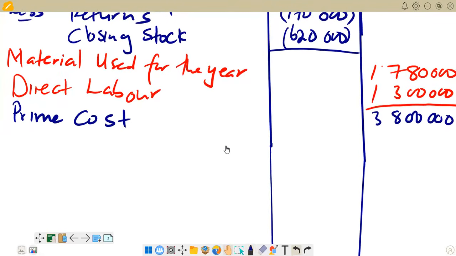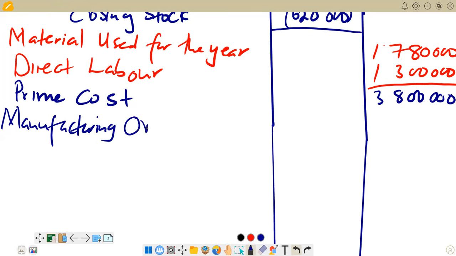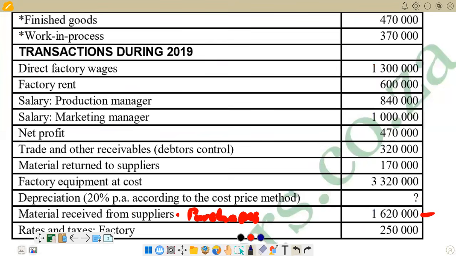Then beneath that now, we are going to have the manufacturing overheads recovered. Remember, this figure we are given in the question. You come here, check the actual figure that we are given for that one.